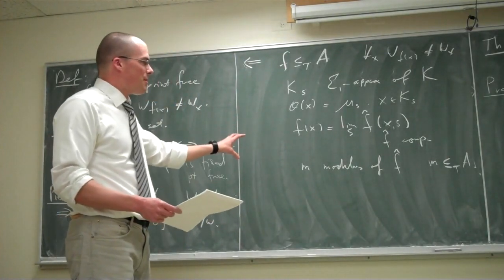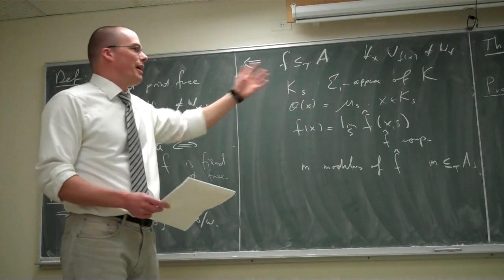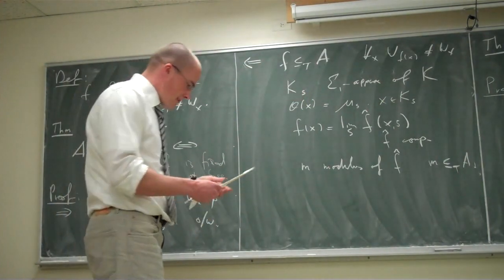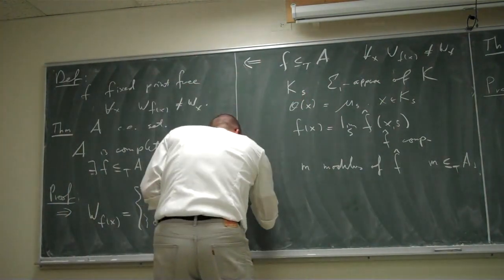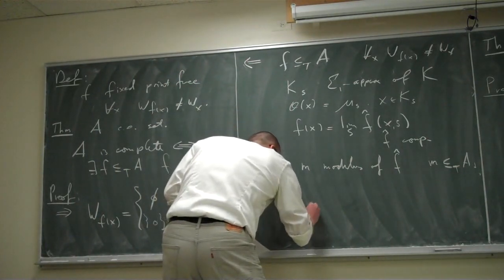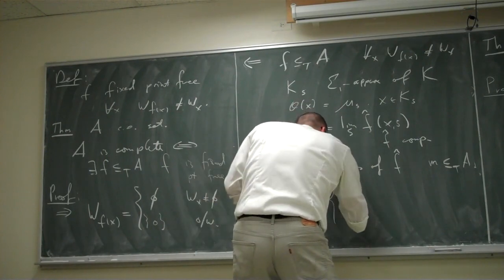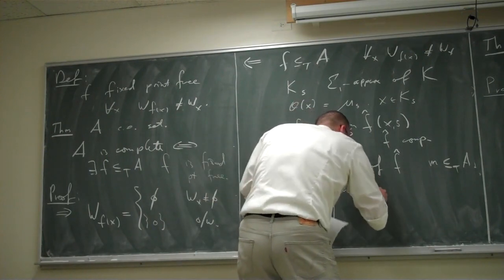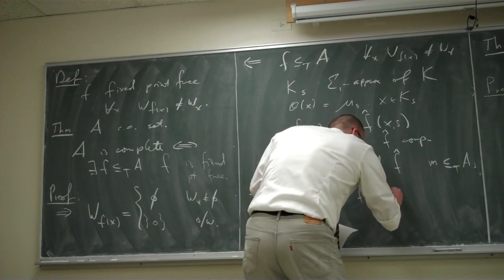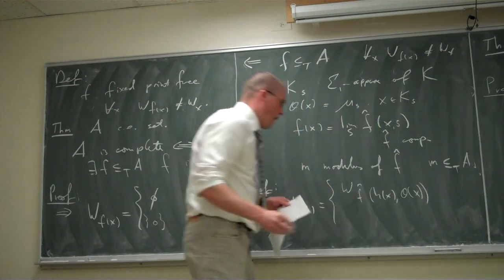And now we're going to use this to do the same trick we just did. Define the right set. Which set is it in this case? W_h(x) is equal to W_f hat(h(x), theta(x)).